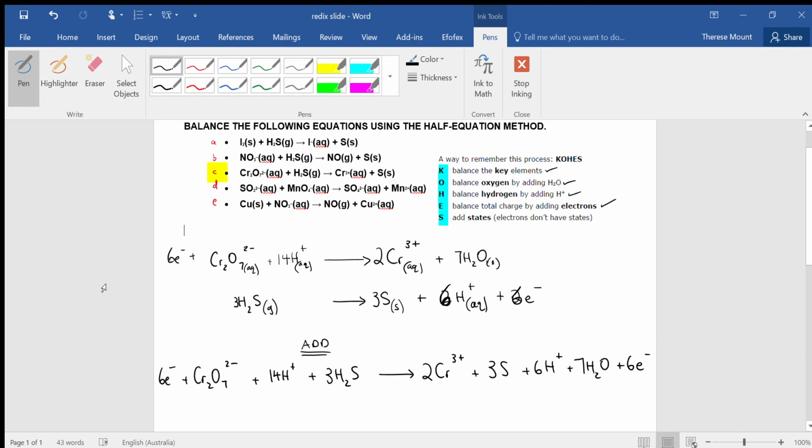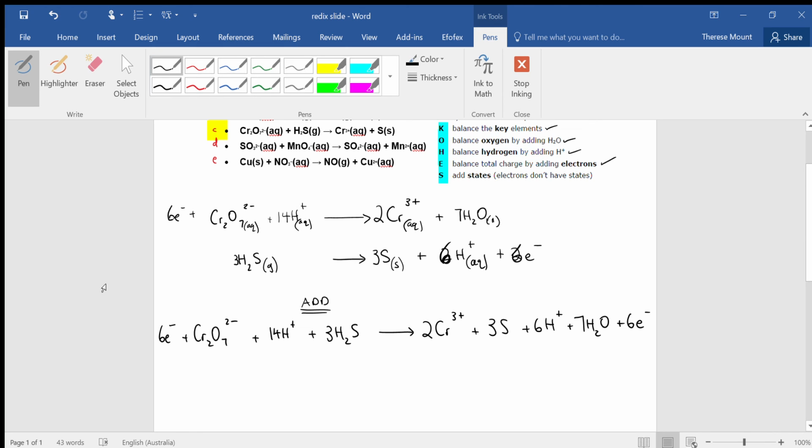Okay, the final step is to cancel out my electrons. So try and cancel what you can. I can cancel out my electrons. And what I can also do is see if I have waters on both sides or H+ ions on both sides, because if I do, I can subtract the smallest number to make it 0.